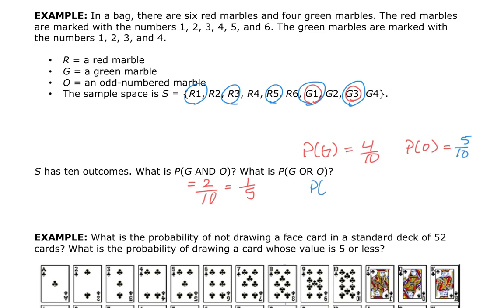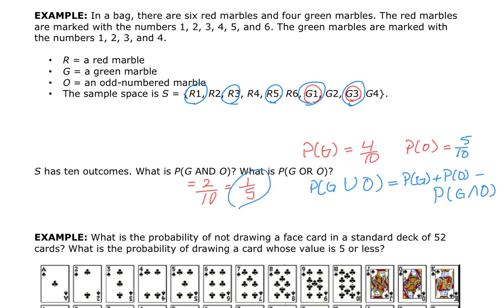So the probability of green or odd, so this is a union, is going to be the probability of green plus the probability of odd. And then I'm going to subtract off any intersection that I have, which is the probability of green and odd, which we know from here is 2 out of 10, or 1/5.